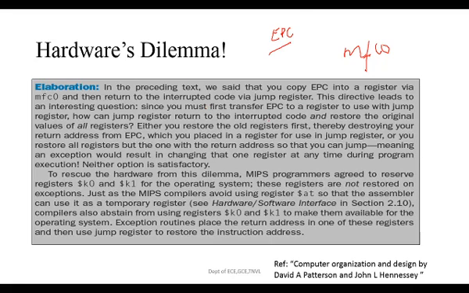The interesting question is that since you must first transfer EPC to a register to use with jump register, how can jump register return to the interrupted code and restore the original values of all the registers? Either you restore the old registers first, thereby destroying your return address from EPC, which you placed in a register for use in jump register, or you restore all the registers but the one with the return address so that you can jump, meaning an exception would result in changing that one register at any time during program execution.